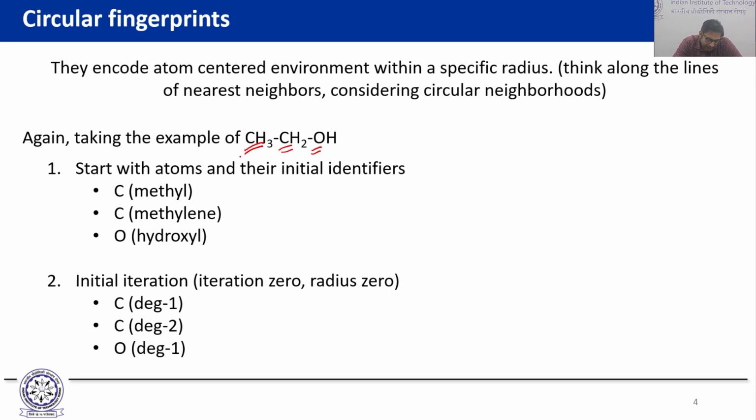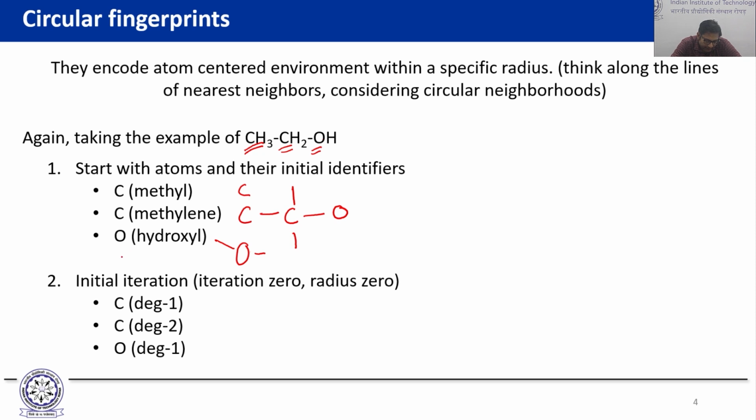So we have a carbon atom over here, which is connected to 3 hydrogens, and then we have a second carbon which is connected to the first carbon and an oxygen, and to 2 hydrogens. Then you have the hydroxyl at the end, which is connected to 1 hydrogen, and on the other side it is connected to the other carbon.